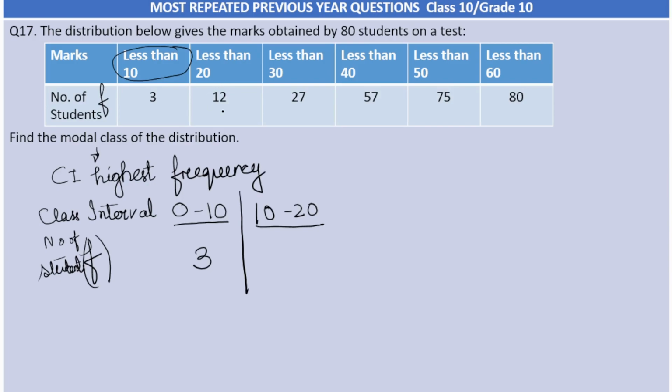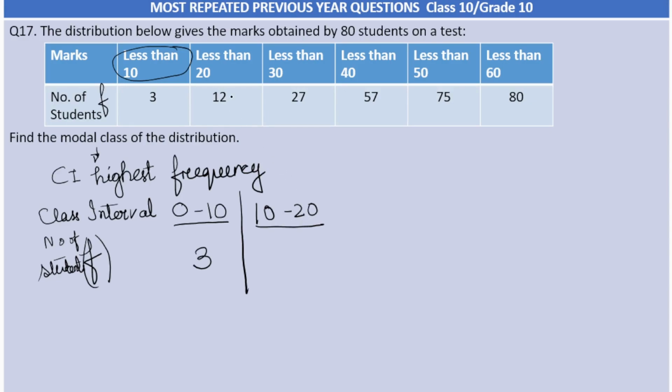Now less than 20, how many students have scored? 12 students. Now in these 12 students, please listen carefully, those 3 students who have scored less than 10 are also included, but we are trying to find the number of students who have scored between 10 to 20.